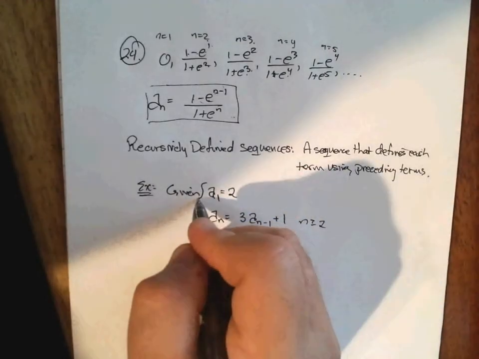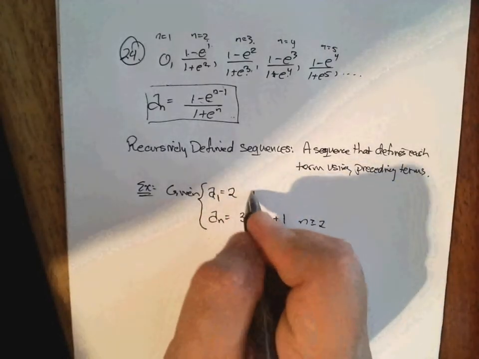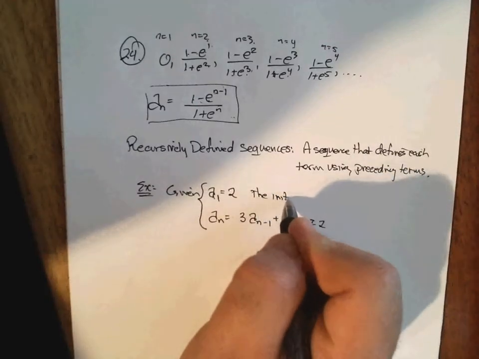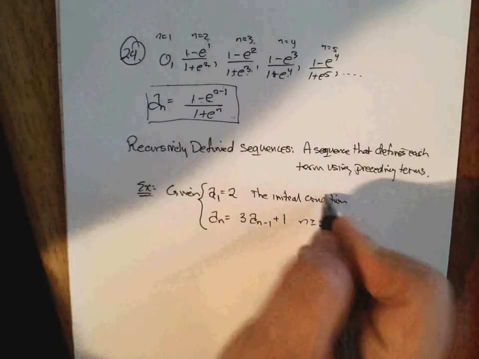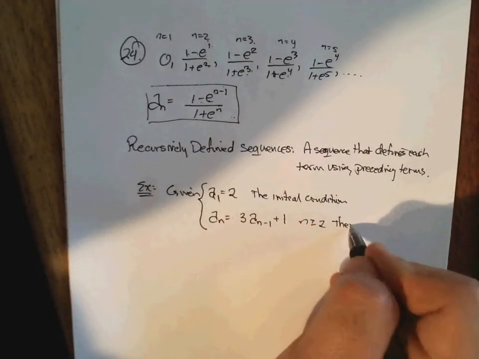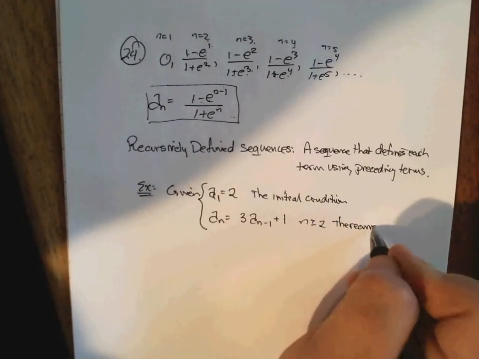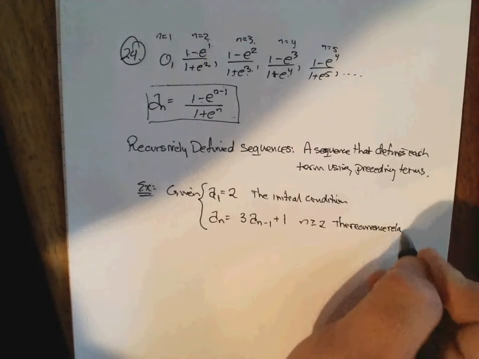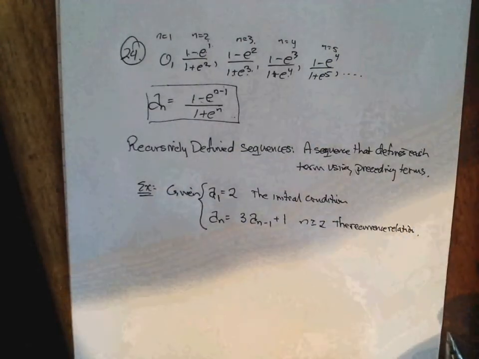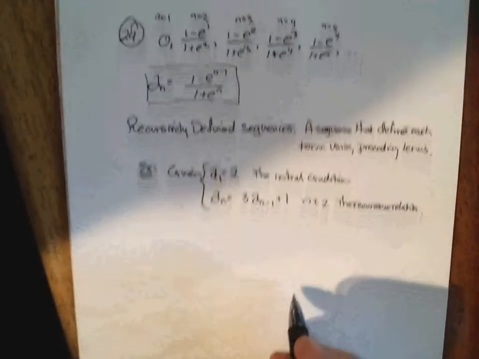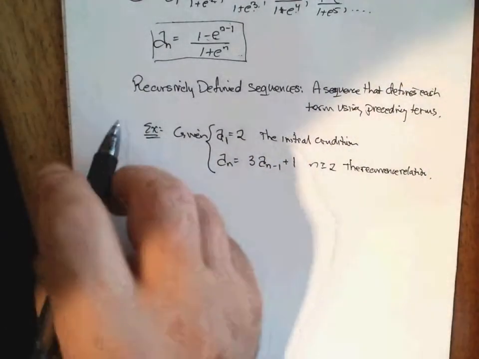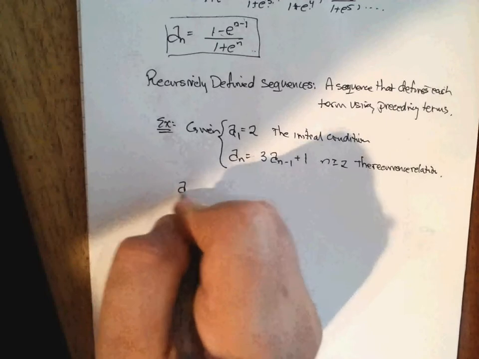In other words, not for the first. Okay? And these two, the initial condition and this part here, the recurrence relation, together define the recursively defined function. Okay, so let's see what this would look like if I were to write out some terms.